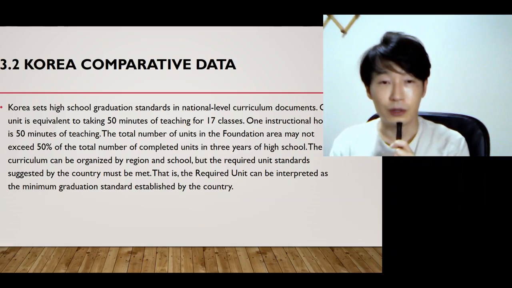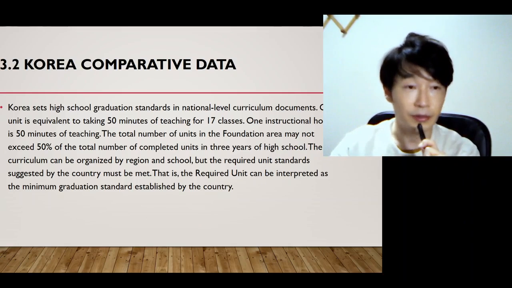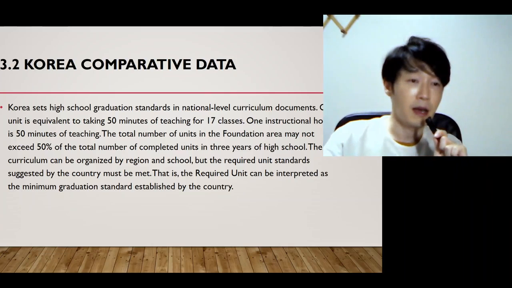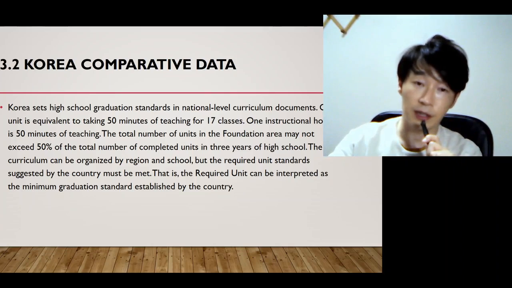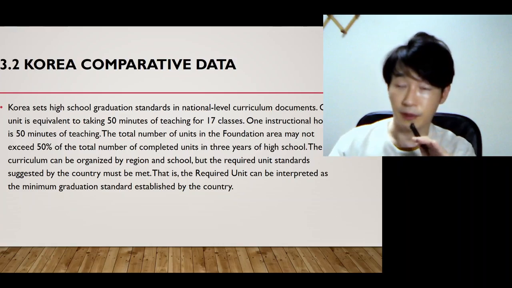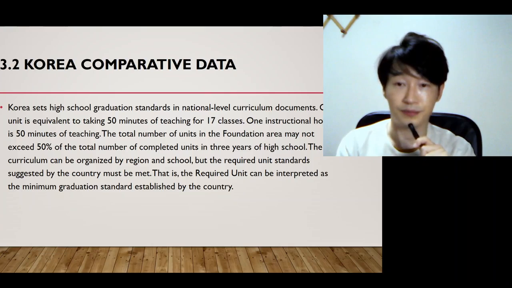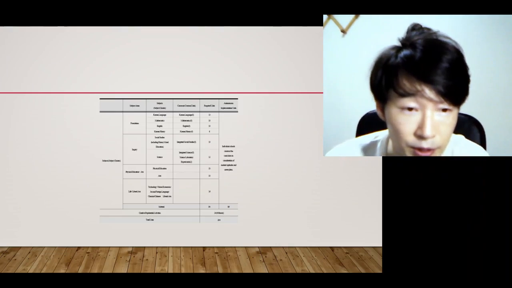And I also use Korea data from national curriculum documents. Because Korea sets high school graduation standards in national level curriculum documents, it is very easy and standard to compare with the others. Let's see the table.